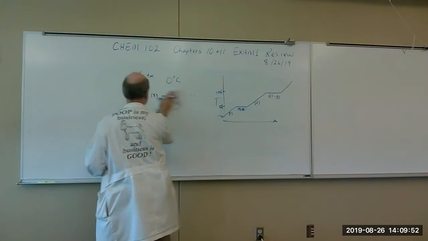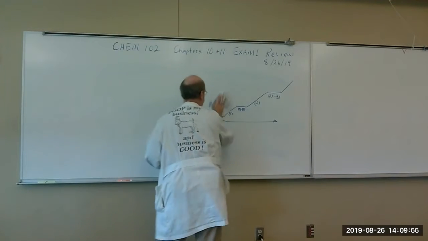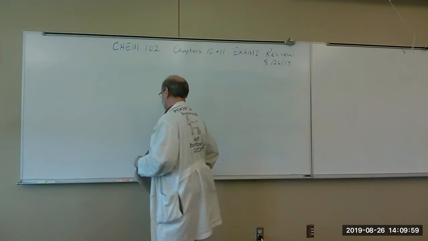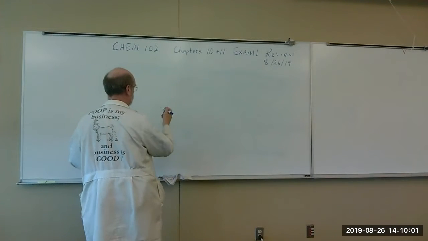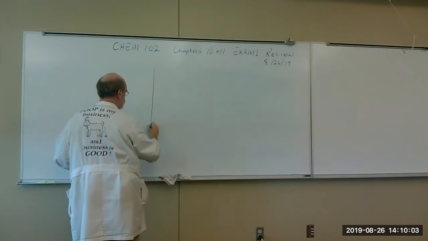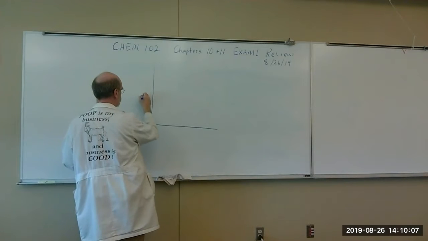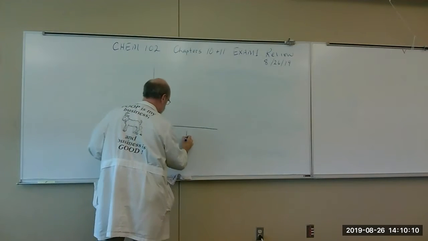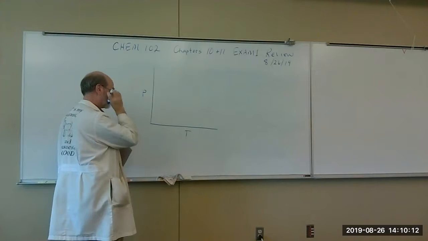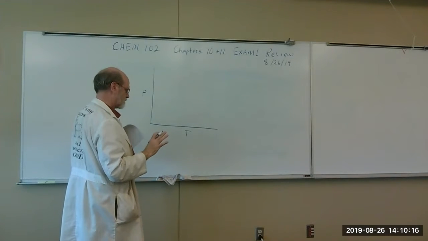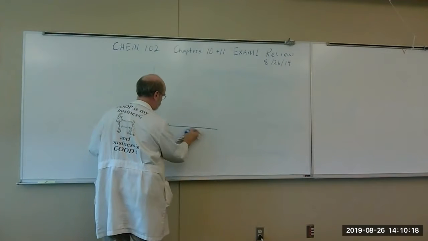Let's see, definitions. Let's draw a phase diagram for something. We can make it water. So what does a phase diagram look like? Well, let's see, pressure is here, and temperature there, I think. Wait a minute. That's the other way around, isn't it?